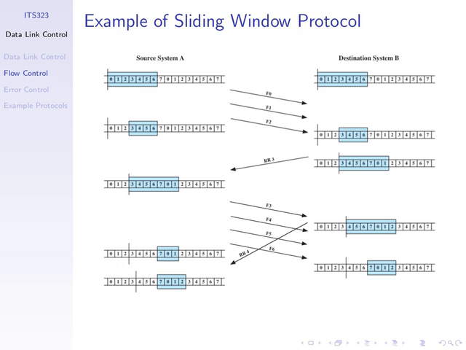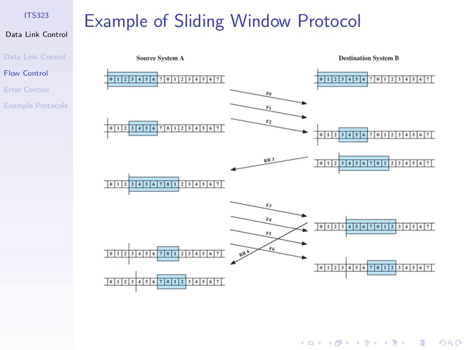And similar from the source. Before they receive this RR7, 4, 5 and 6 were outstanding frames, transmitted but not yet acknowledged. We receive ready 7, that implies everything before 7 has been acknowledged, which includes 4, 5 and 6.